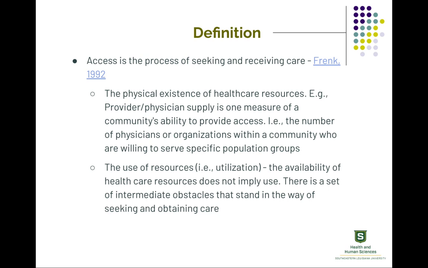You have to look at the availability of it, and from the other hand, the use of it, in the sense of: are there obstacles that are making it difficult for people to use the services or resources that are available? When you're looking at access, you have to look at it from both angles, because if you don't, you don't get a full picture of what is going on in terms of the resources.